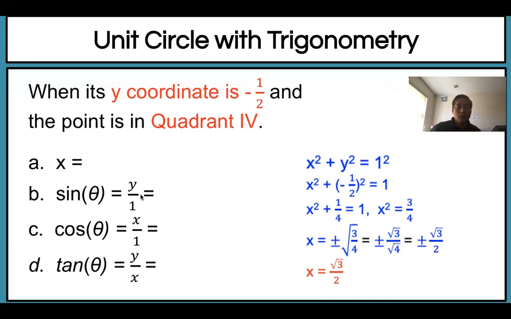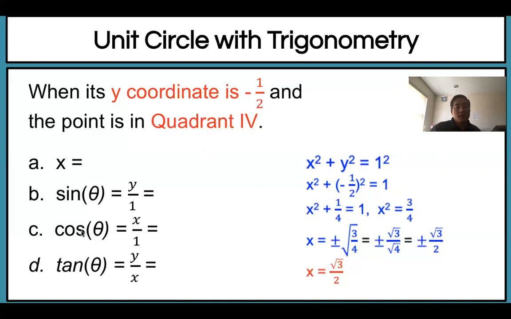So we know the sine of the angle. You don't need to know the exact value of the angle. They don't care in this question, so whatever it is doesn't matter. When we know the y coordinate, we can find the x coordinate. So sine of the angle is equal to the y value, which is negative half.